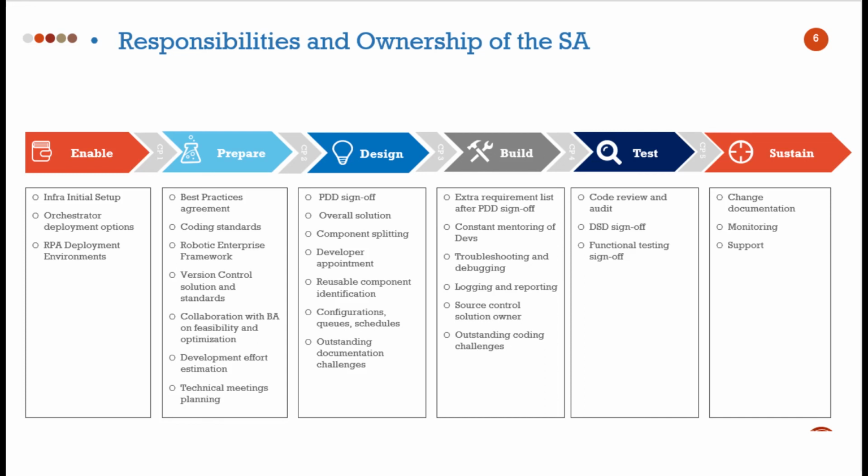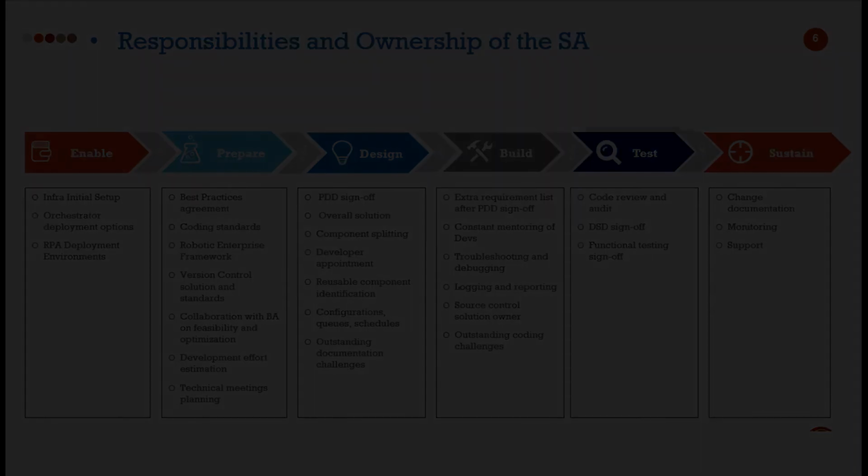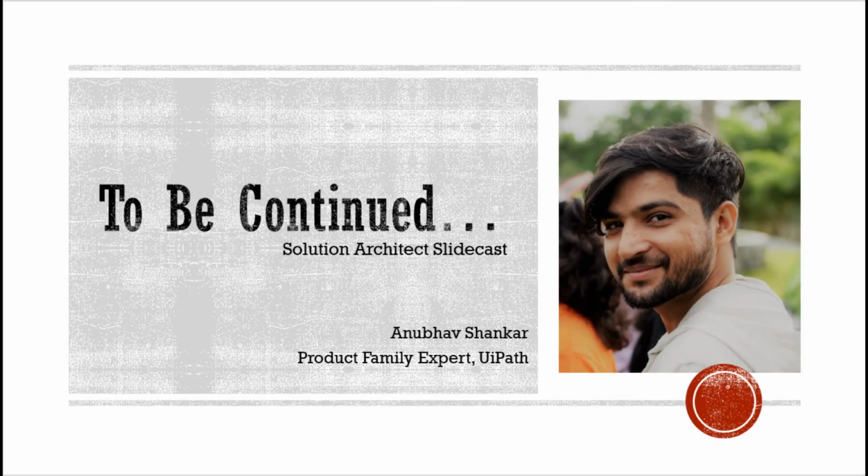You have to guide them through the kind of exceptions that are expected, and the standard operating procedures for those exceptions: what you need to do exactly, maybe inform the business, maybe rerun the bot in certain cases, and things like that. You have to make sure that they are well aware of these things.